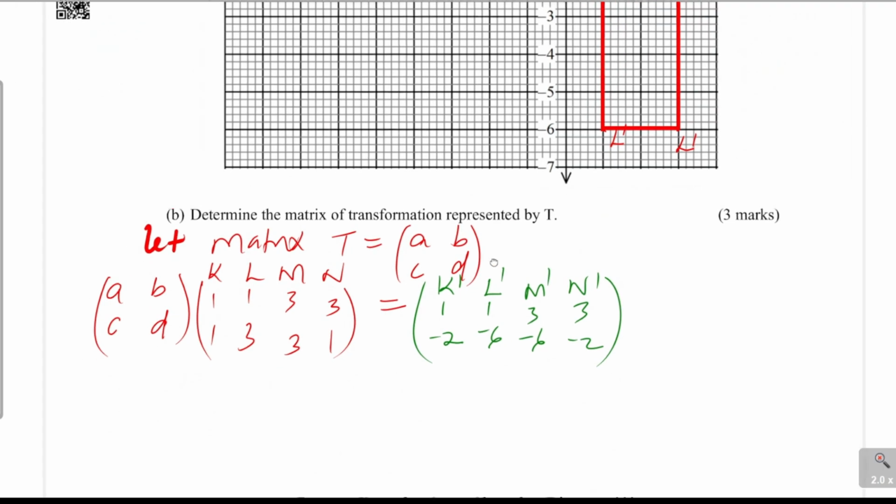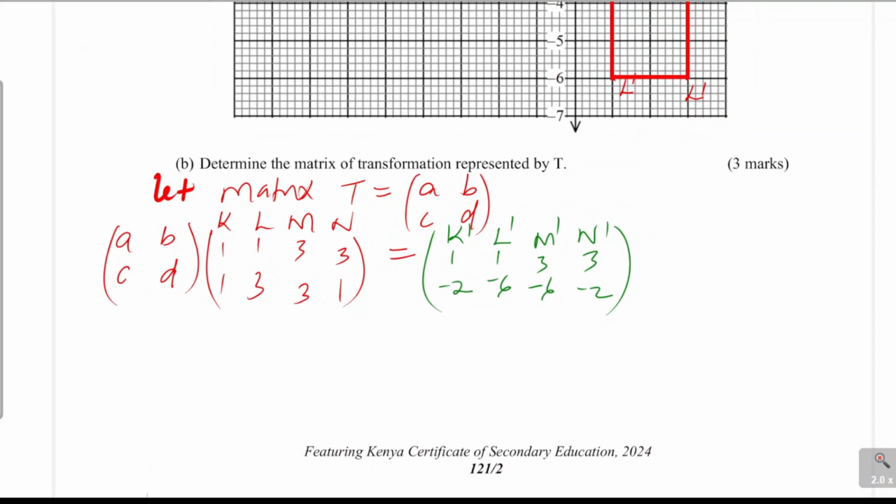Now after doing that, you don't need to multiply everything, so you're going to just multiply up to this point. Let me guide you here. Up to this point is what you're going to multiply. You don't need all of them to get A, B, C, and D. And also for this one, we can multiply up to that point. That will still be okay.